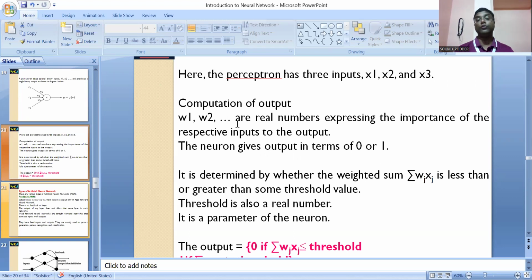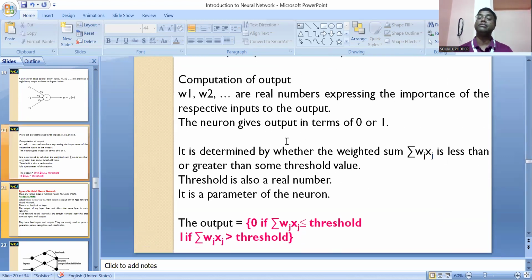Now how will the output be produced? Basically the output is determined by some threshold. Whenever we are developing the perceptron, first we have to set some threshold depending on our input data.